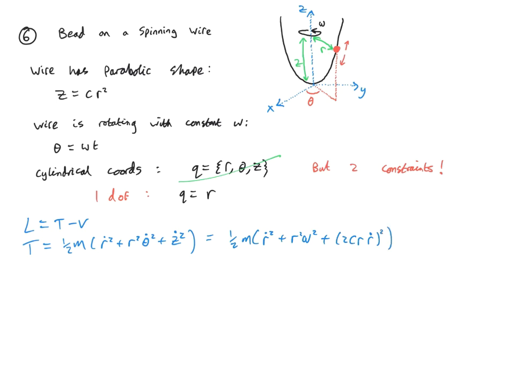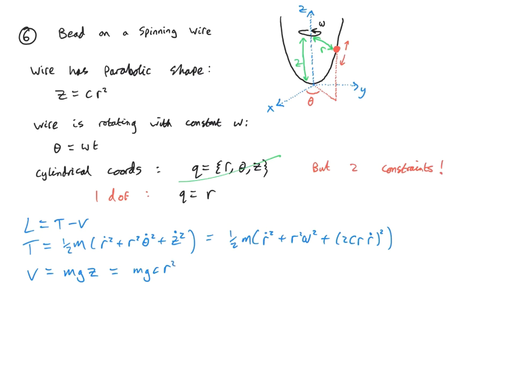What about the potential? The potential is just that due to gravity, which depends on the vertical displacement. That's mgz. We can again convert that into our r coordinate, mg constant c times r squared. Good.